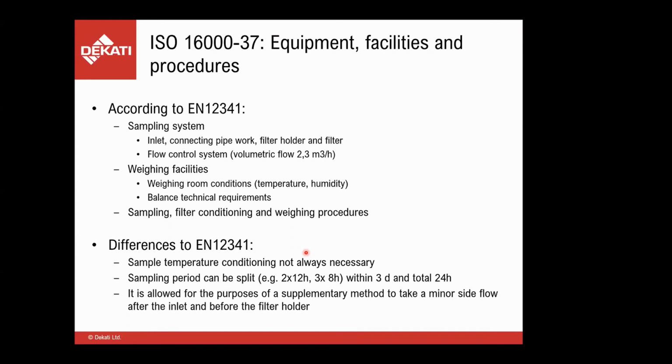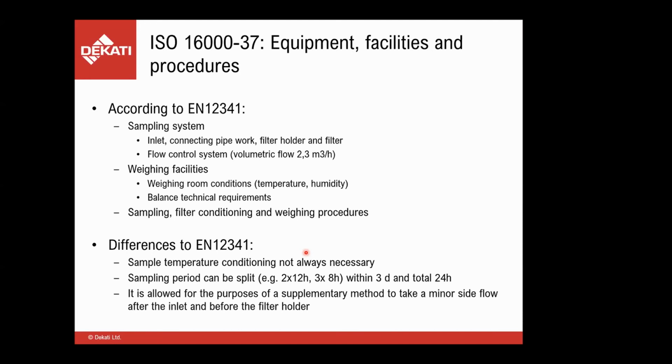So regarding the equipment, facilities, and procedures, the sampling system, the weighing facilities, and the weighing procedures are all directly as it's done in the EN 12341. So it's fairly straightforward in that sense. The differences to the EN 12341 standard are that since we are not doing outdoor, the sample temperature conditioning is not always necessary, and the sampling period can be split within 3 days.